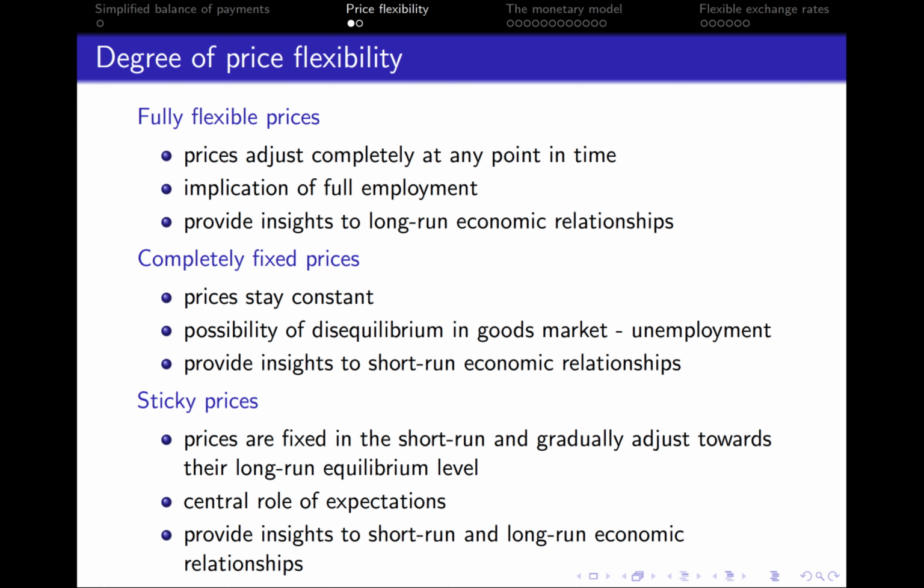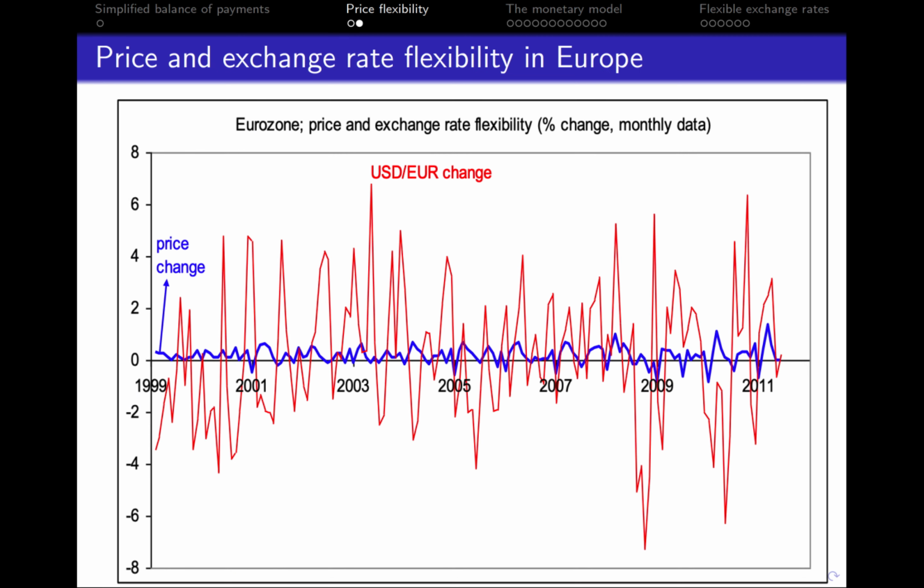But how does it look in reality? And especially, as this is an international economics class, we should be able to compare how prices are changing with exchange rates. And this is what you see over here.